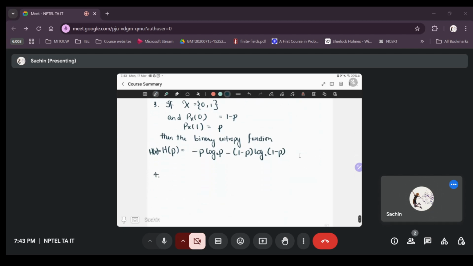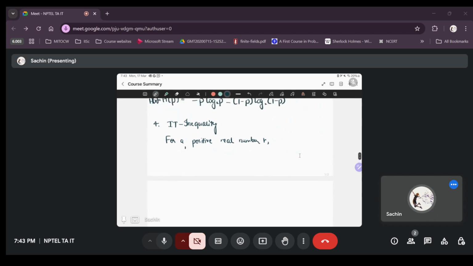Then we have the IT inequality. It says for a positive real number r, log of r is less than or equal to r minus 1 times log e, with equality if and only if r equals 1.